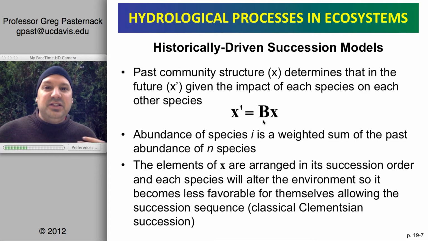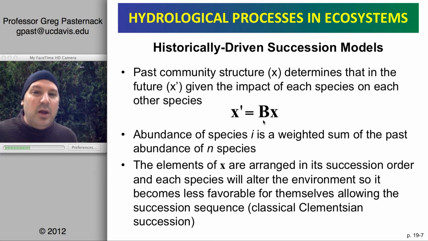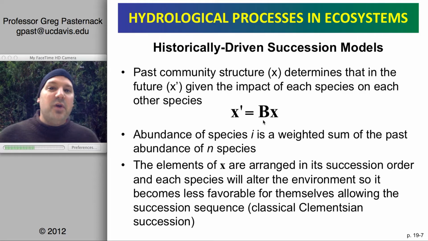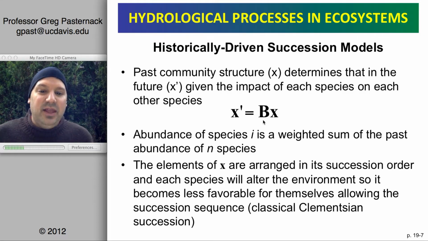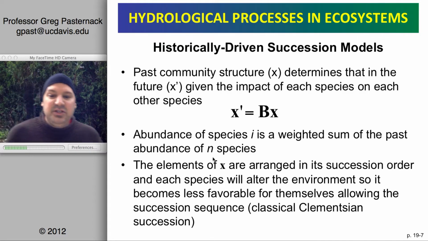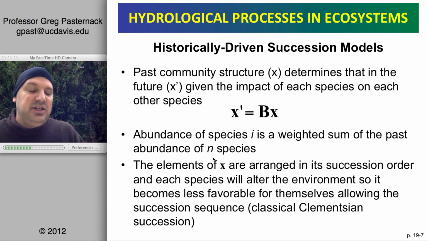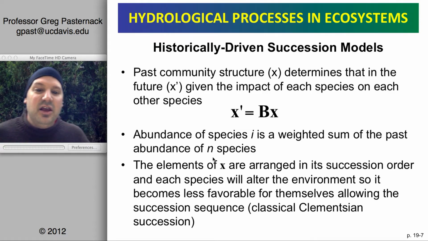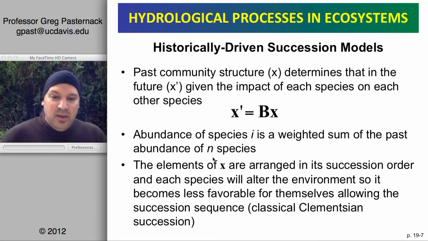This is a model that isn't explicit in what those interactions are. It's just one that results in a change of population size. So the abundance of a species, let's say i, is the weighted sum of the past abundances of many different species, because these other species' population sizes create competition, predation, and all those other interactions.